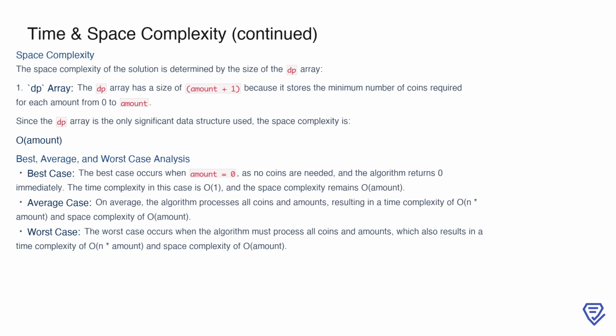Examining the algorithm under different scenarios, in the best case where the target amount is 0, the computation ends immediately, resulting in a time complexity of O(1), while still requiring O(amount) space for the DP array. In both average and worst cases, the algorithm processes all coins and amounts, giving a time complexity of O(n * amount), and space complexity of O(amount). This consistency in complexity highlights the robustness of the dynamic programming approach.